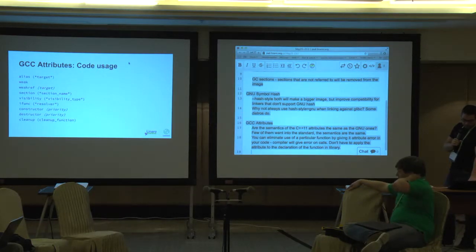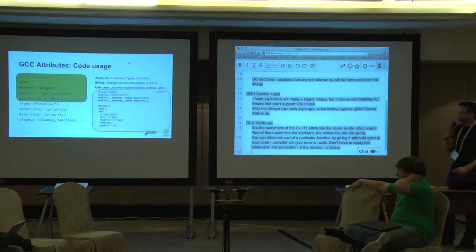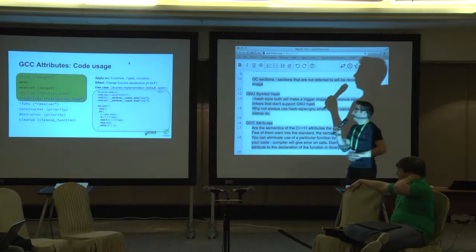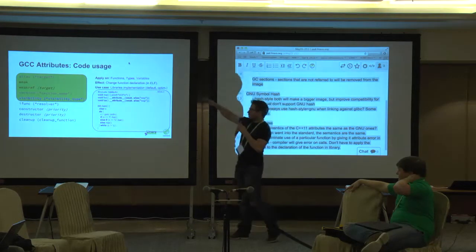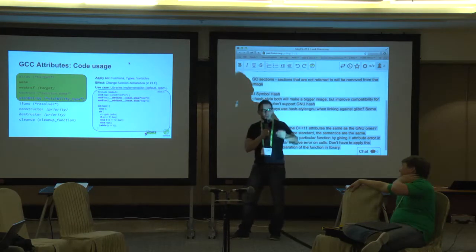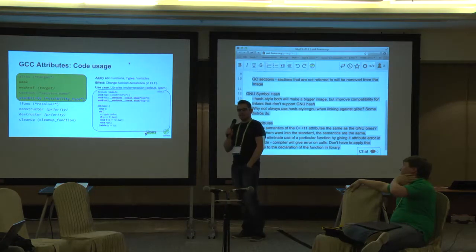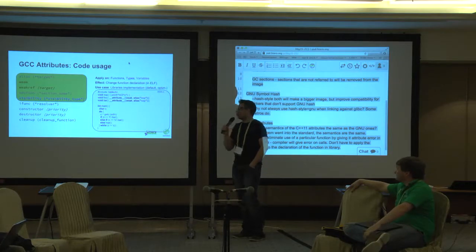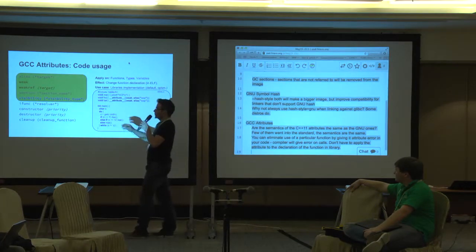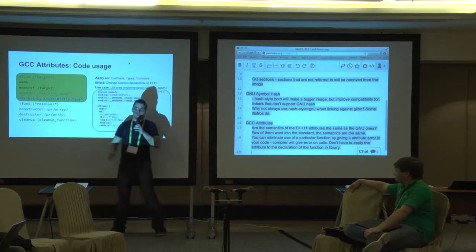The next one is named code usage. The term is not really good, but let's see. The first are really related to what Will just presented on the linker. It's just information to pass to the linker, like the section attribute or the visibility.